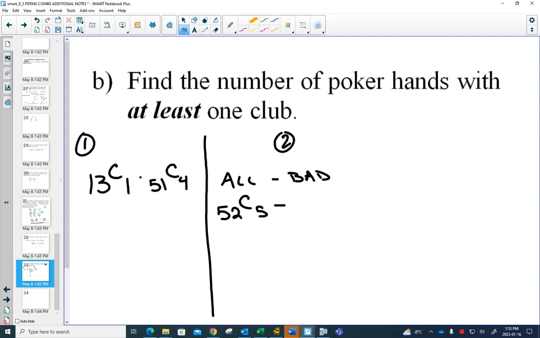And the bad ones would be the ones without any clubs. And we just counted 39 choose 5 in the question before as how many had no clubs. And if I take out all the ones that have no clubs, I'm going to be left with at least 1 club.